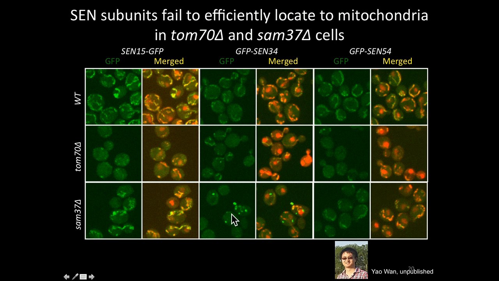So they are defective in getting to the mitochondria in SAM37 mutants. So each of these gene products, Tom70 and Sam37, seem to be involved, but maybe in different ways, to assemble a splicing endonuclease heterotetramer on the surface of mitochondria.